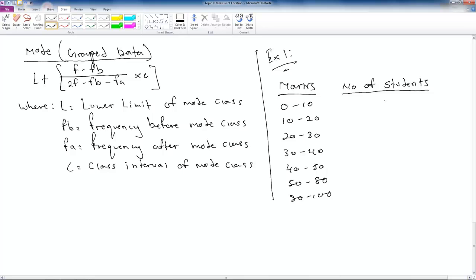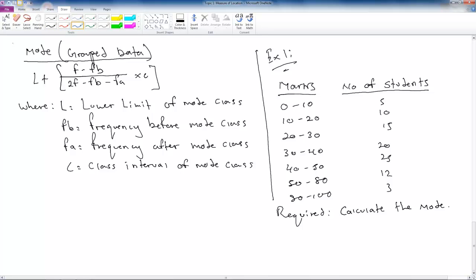Frequencies: 5, 10, 15, 20, 25, 12, 3. Now required: calculate the mode.